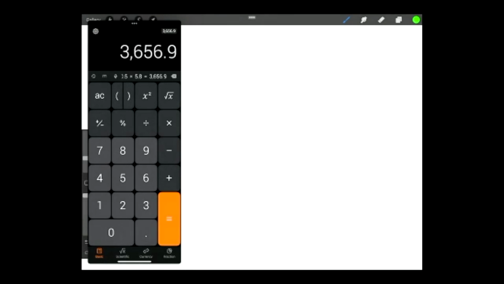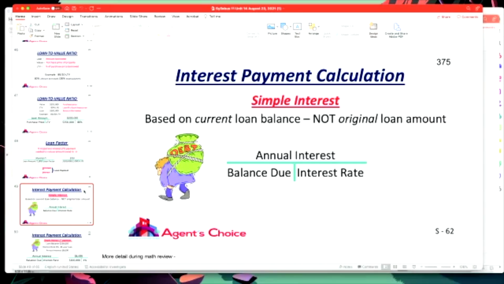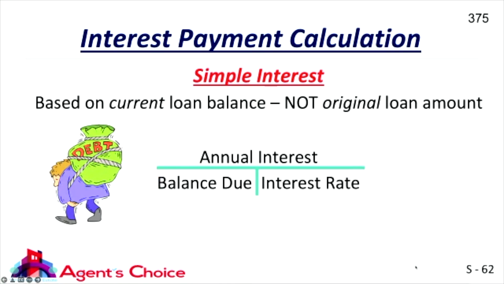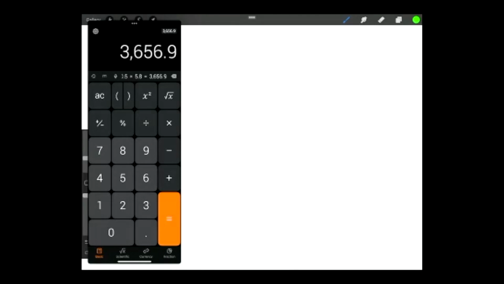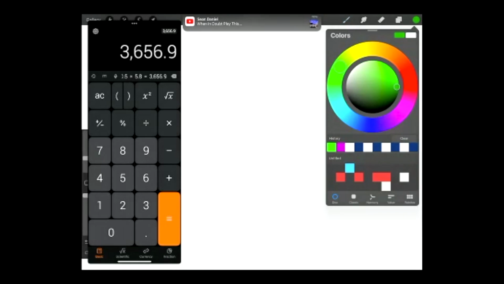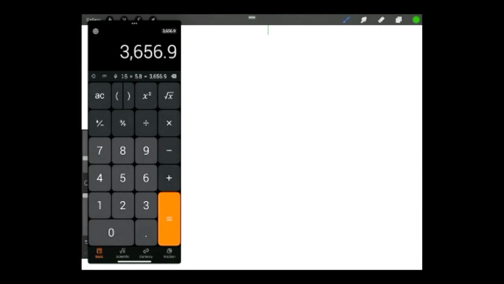To do that, we need to calculate the annual interest. So how do we calculate annual interest?